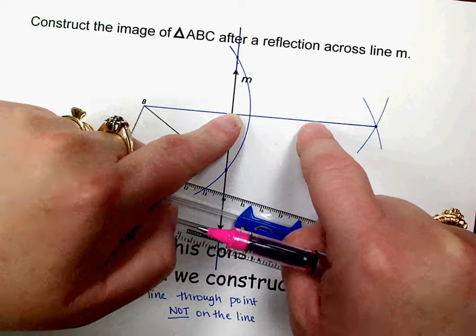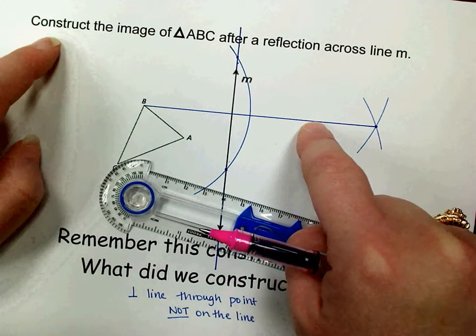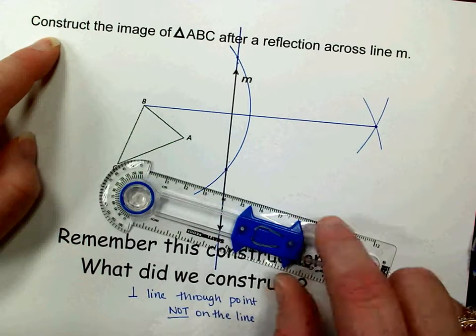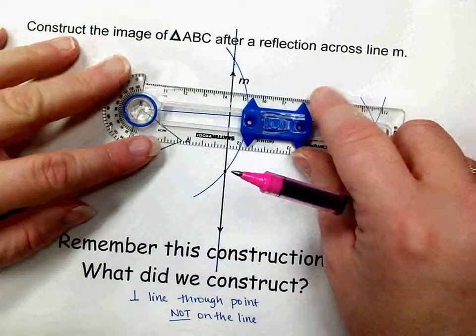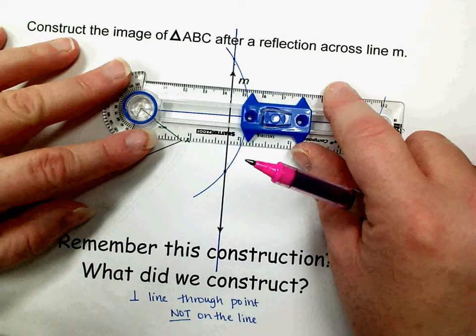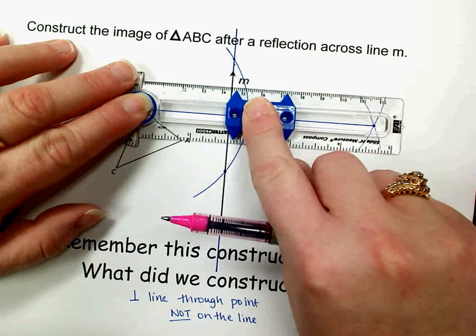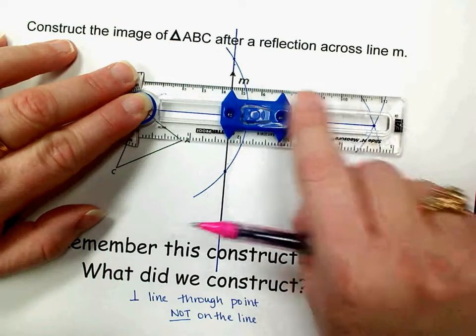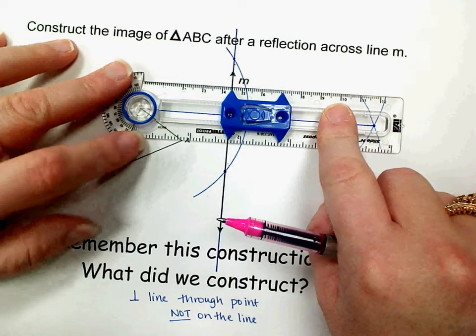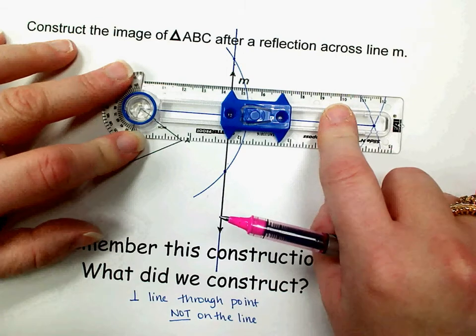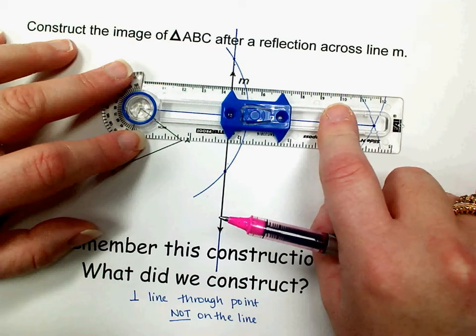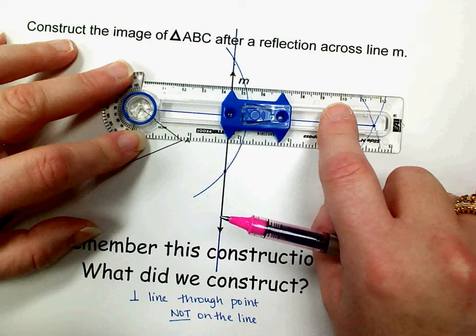So we want B prime to be the same distance from the line on the opposite side. And since it's a construction, we're not going to measure that in numbers like we do with a drawing. We're going to measure with our compass. So we're going to put the point of our compass on B, and we're going to open up the setting so it's at the intersection of that line and line M. So that's measuring the distance from the line to point B. You always measure at a perpendicular relationship.